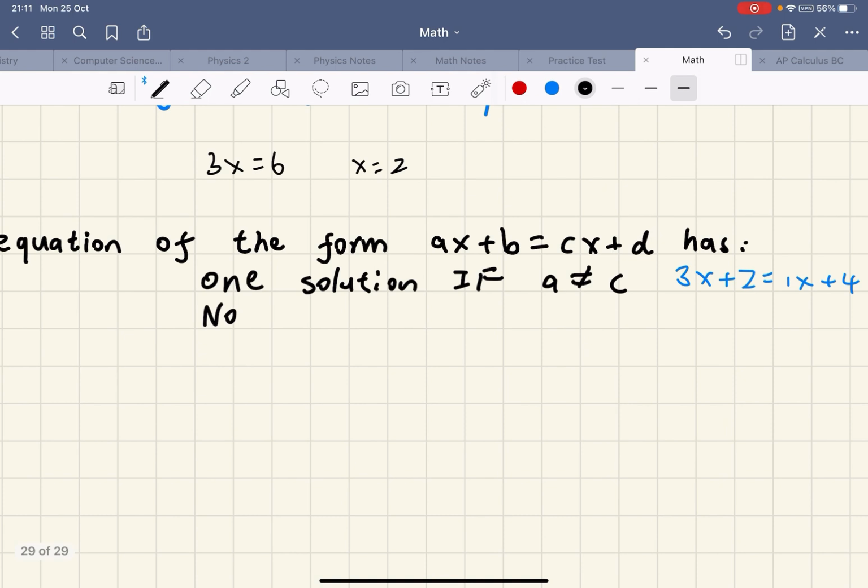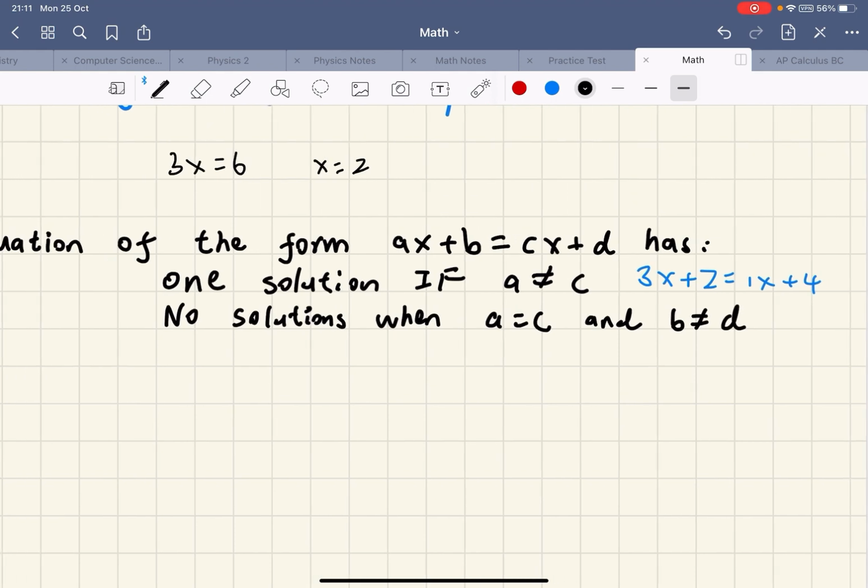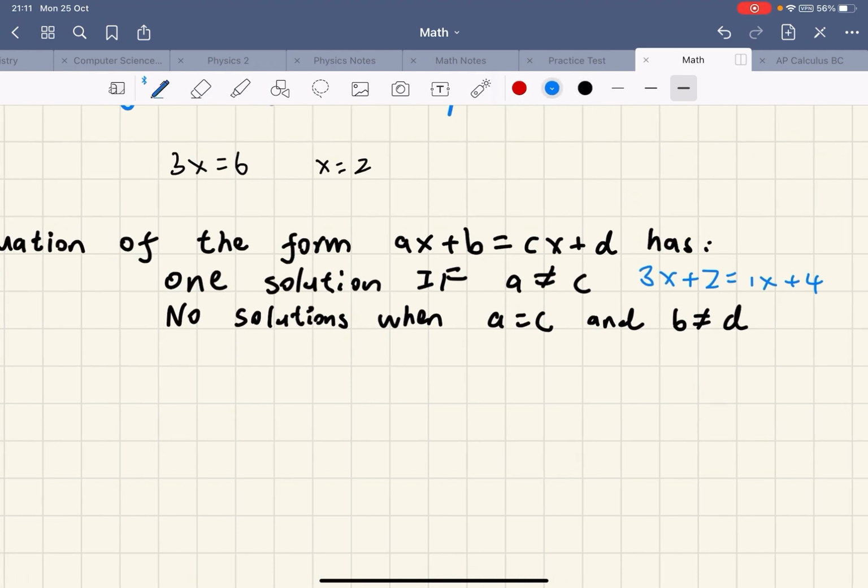An equation of the form ax plus b equals cx plus d has no solutions when a equals c and b does not equal d. So an example of this: a equals c, so let's say 3x.